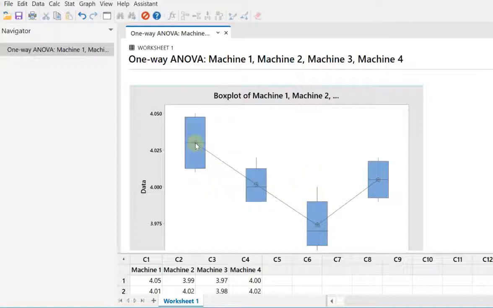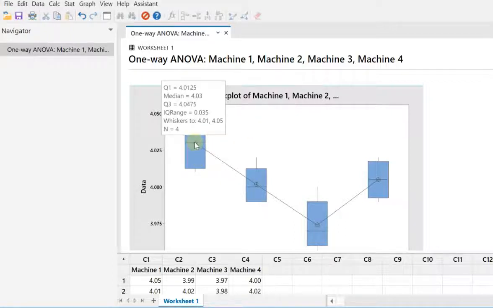So again, when you keep the mouse on there, I just move the mouse over the circle, it gives you the mean. That's the mean of that box plot. And it's interesting, usually the box plot draws the median, but again, mean and median here are the same. Look at the median, second entry from above, 4.03.